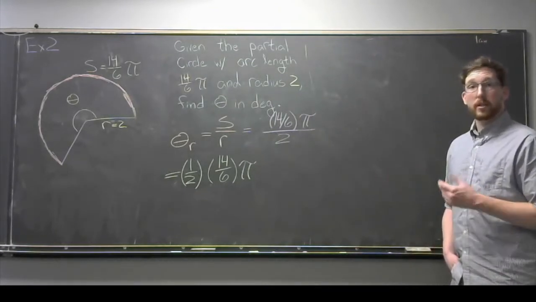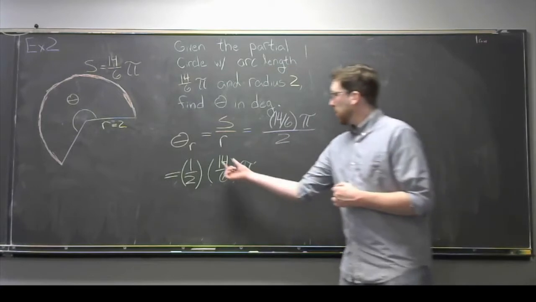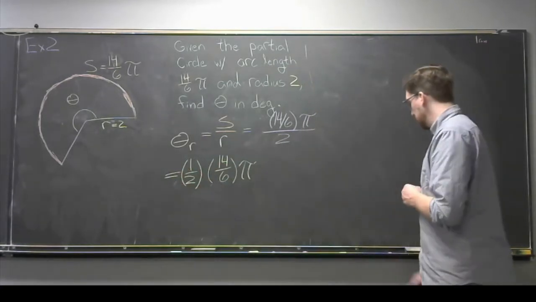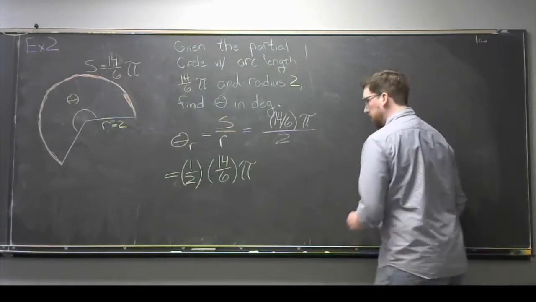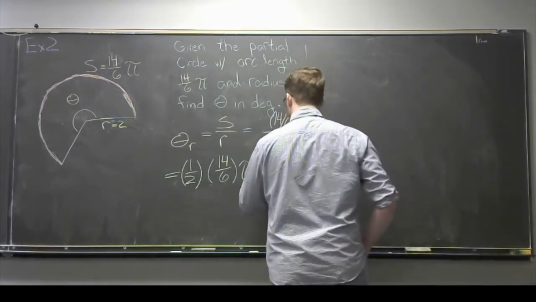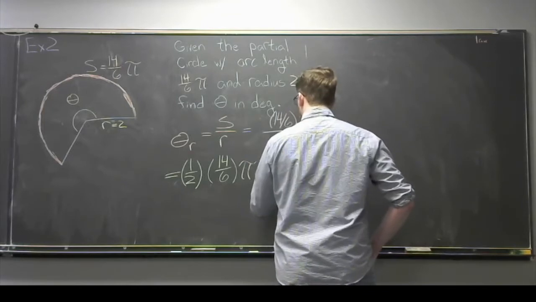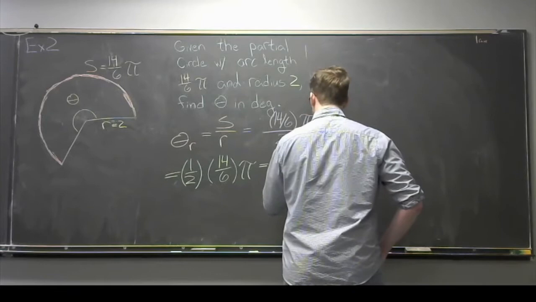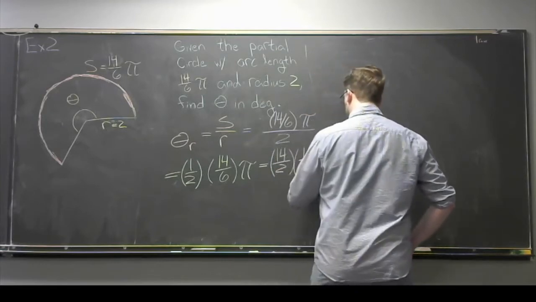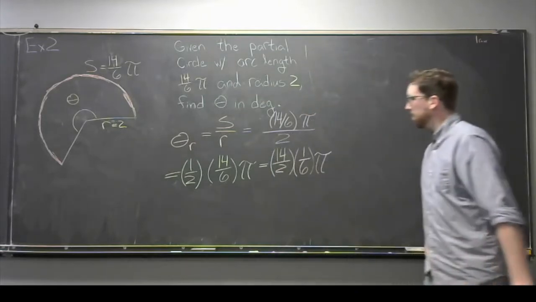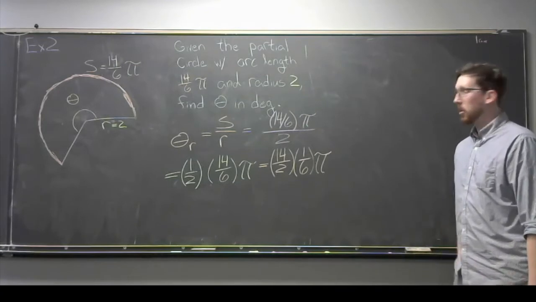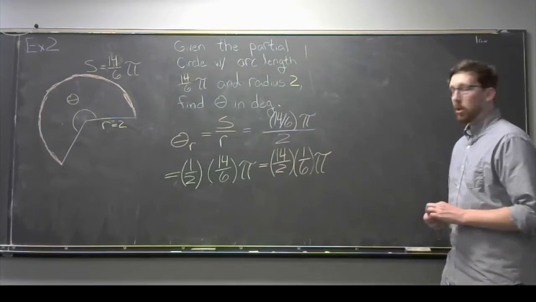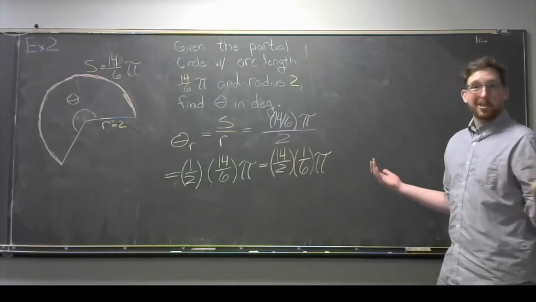We can rewrite these fractions. We can move the 14 over to the 1/2, giving 14 over 2 times 1 over 6 times pi. Well, this conveniently reduces for us, doesn't it? 14 divided by 2 is just 7.